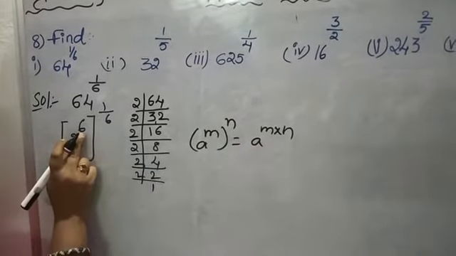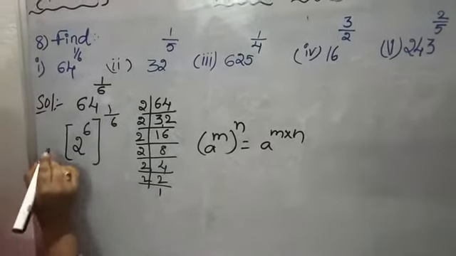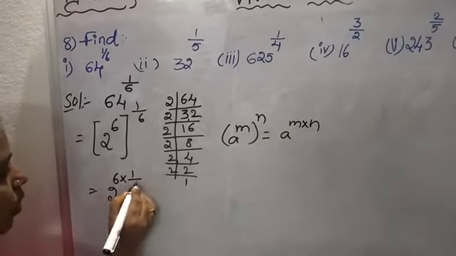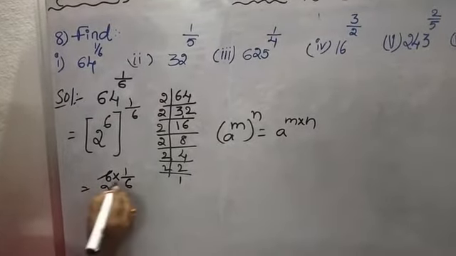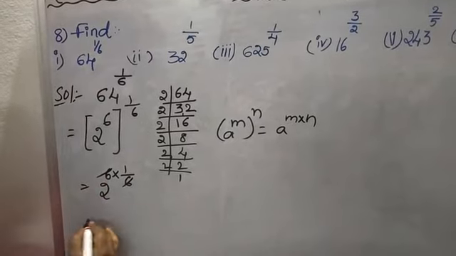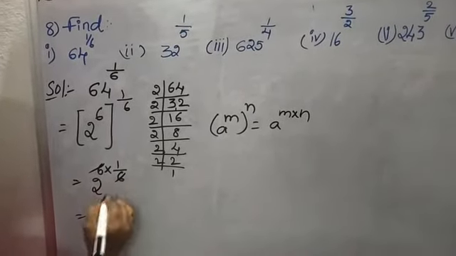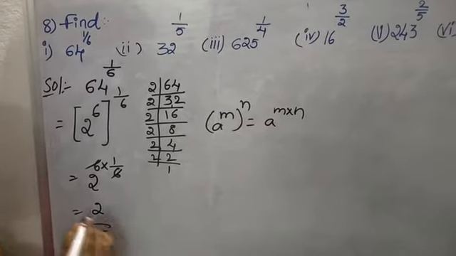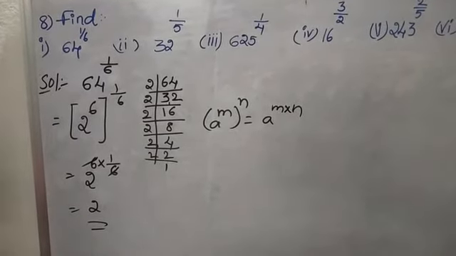The numerator 6 and denominator 6 get cancelled. Then we are getting 2 to the power of 1, which means 2. So 64 power 1 by 6 is equal to 2.